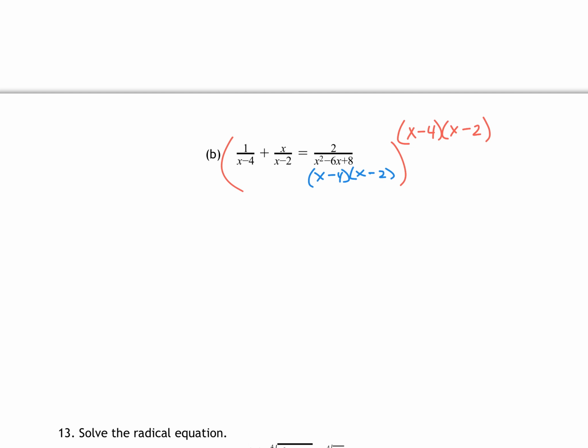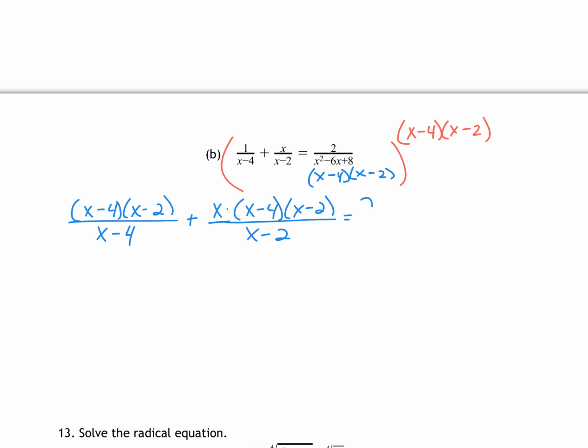So my first step, I'm just going to throw all of these in the denominator. If you can skip through this, that's no problem, but I like to write it all out so you can see what cancels. X times x minus 4, x minus 2, all over x minus 2. 2 times x minus 4, x minus 2, all over x minus 4, x minus 2.